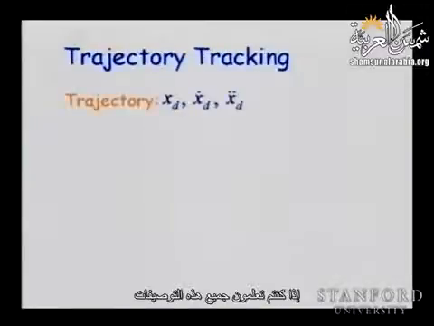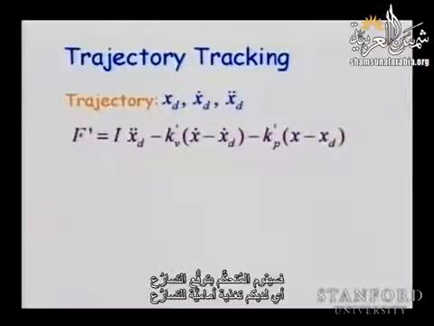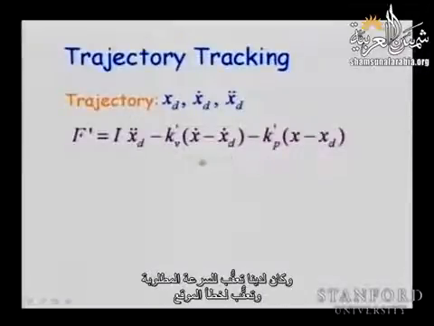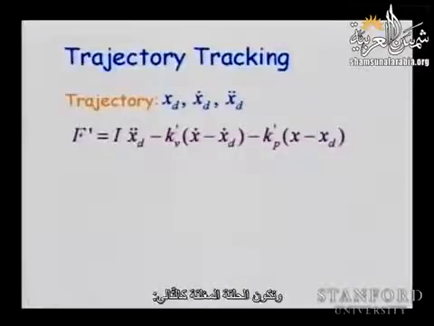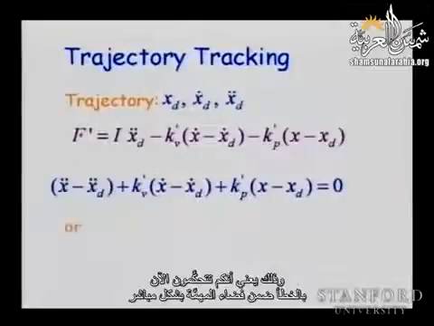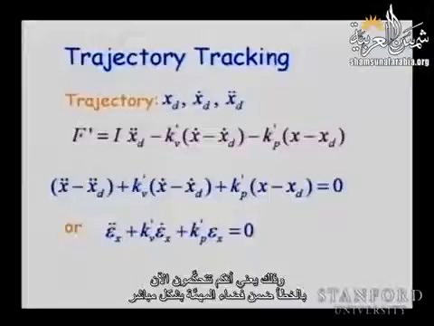If you have all these descriptions, then your controller will anticipate the acceleration. So you have feed forward acceleration, like we did in joint space. You have tracking of the desired velocity, and tracking of your position error. And the closed loop is like this, which means now you are controlling directly the error in the task space.